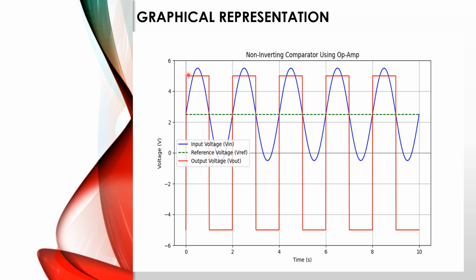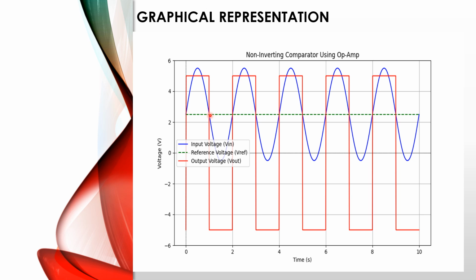How long is this red color graph located here? That is as long as V in is greater than V reference. Okay. In that time when V in is less than V reference, that means this is the time, then what will happen?